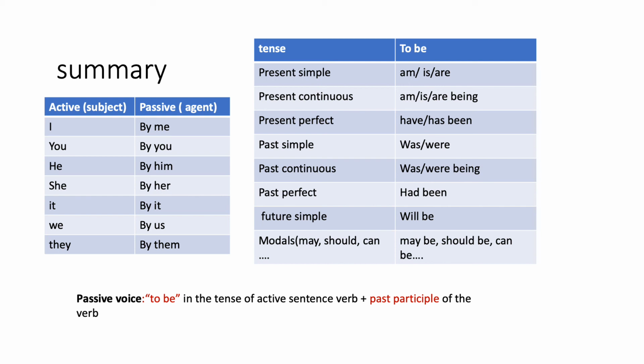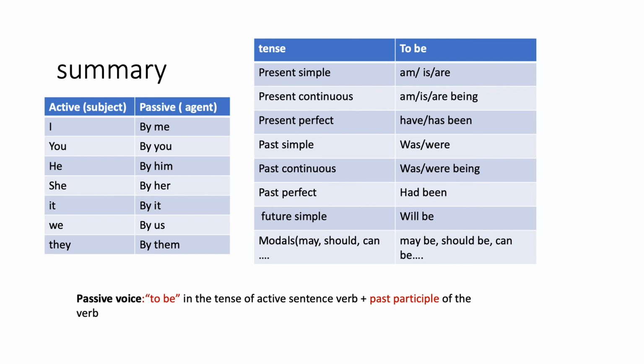Here you have the present perfect: have or has. Has goes with he, she, and it; have with the other personal pronouns. Past simple: we have was and were, was with I, he, she, and it, were with we, they, and you. Past continuous: was or were being, etc. Here we have modals.